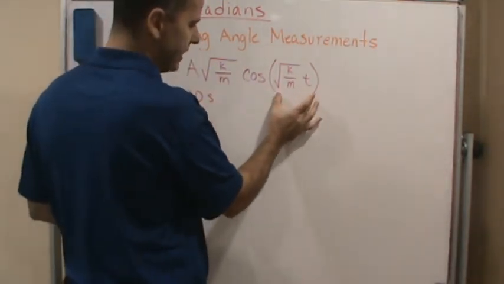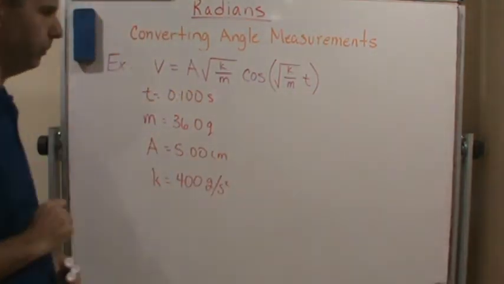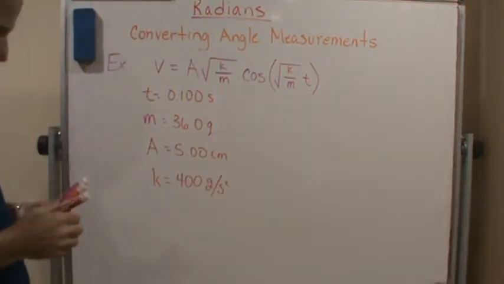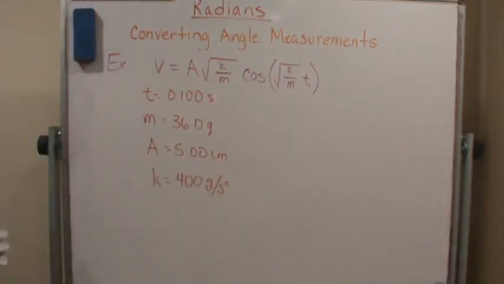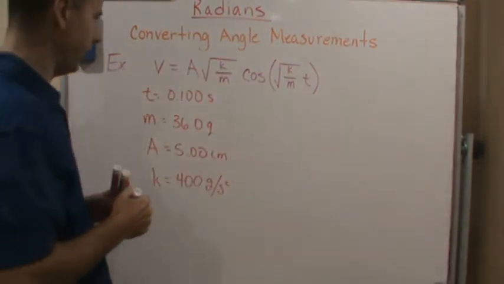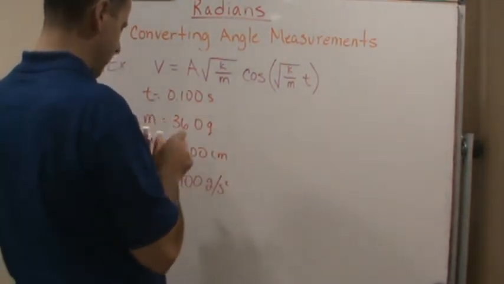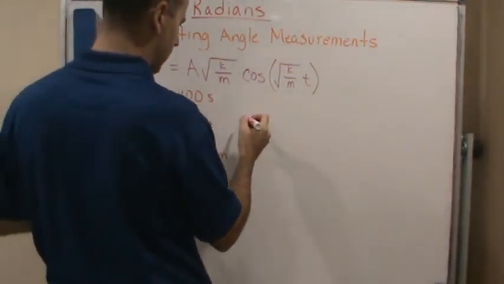Here we see that this is the angle. So we're going to take the information, plug it in here, and find the velocity of this object.